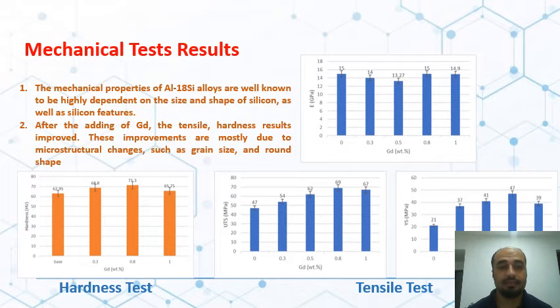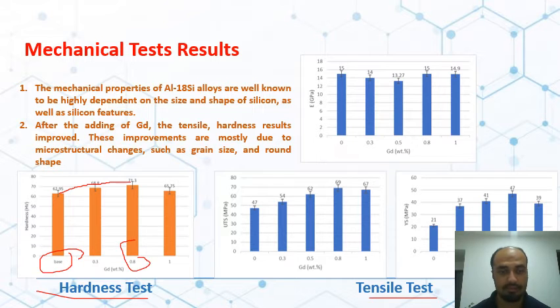For the final test results, we have the hardness test result and the tensile test result. For the hardness, it is lowest at 0% Gd, and then goes up until it reaches 0.8, where it has 71 HV.